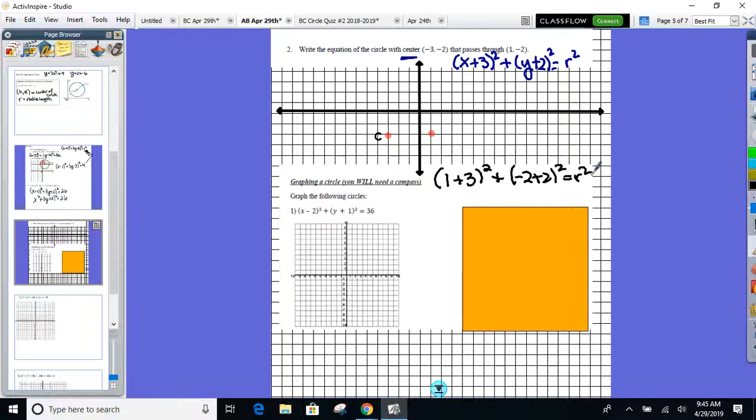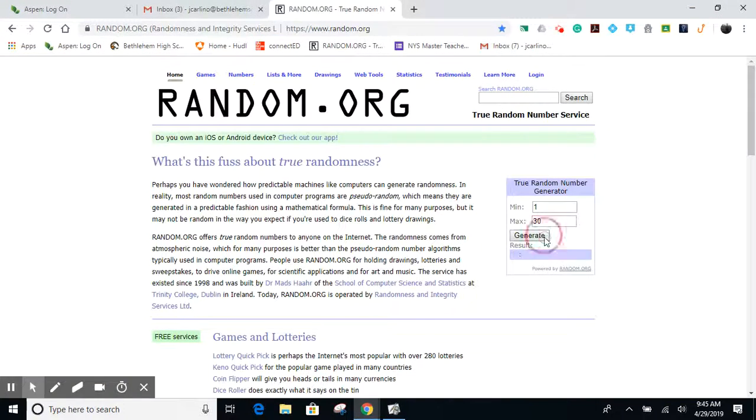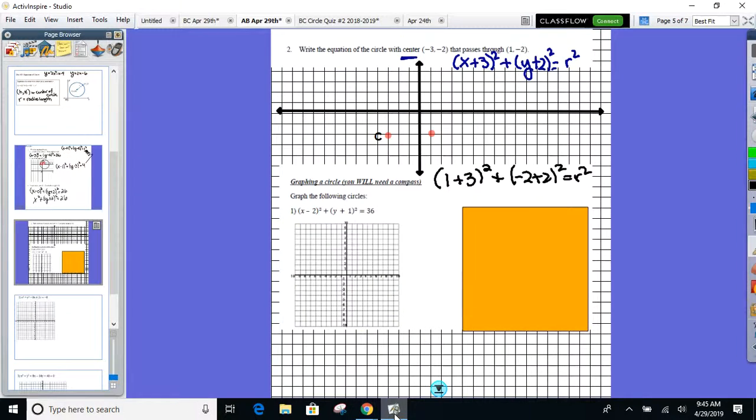All I did was plug a point on the circle into the formula, x in for x, y in for y. Let me know when you're done. What'd you get for that left side? 25? When you're done, what do we get for this left side here? 16? Yep. Equals r squared.